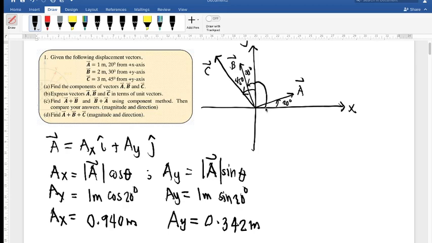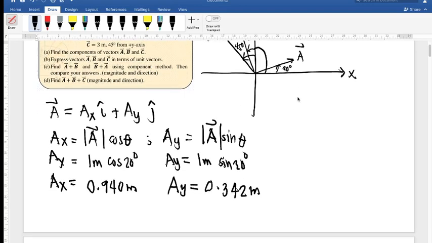So from the positive x-axis, I will point it to vector B. How much is missing in the angle of vector B to make it conventional? It is equal to 90 degrees. So it is missing 90 degrees.